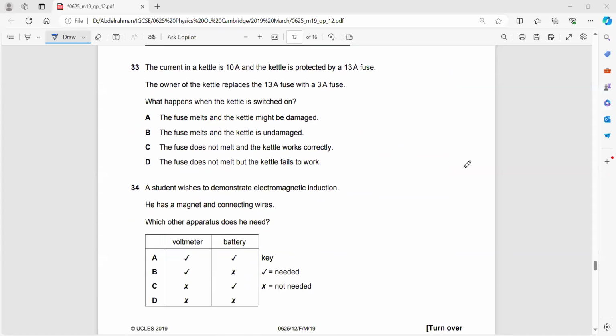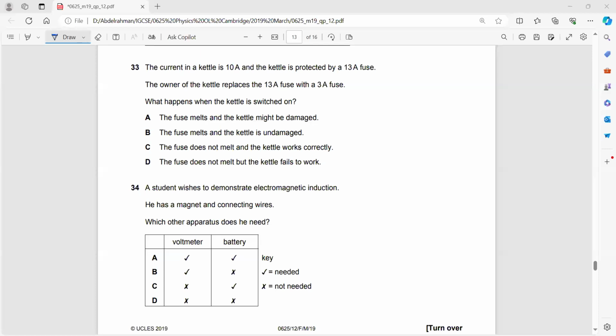Question 33. We have a current in the kettle, which is 10 amperes, and you have a 13 ampere fuse which protects this kettle. If you replace this 13 ampere fuse with a 3 ampere fuse, what would happen to the kettle? Would anything happen?